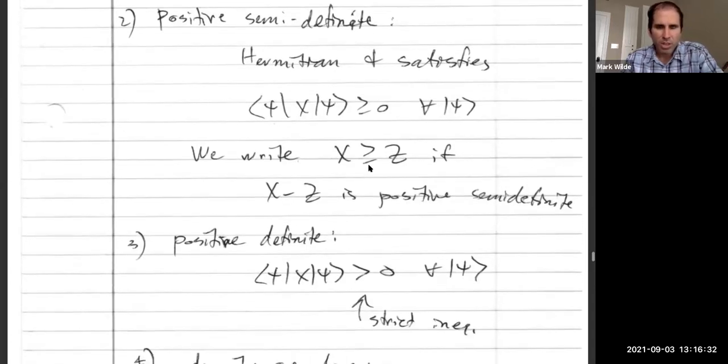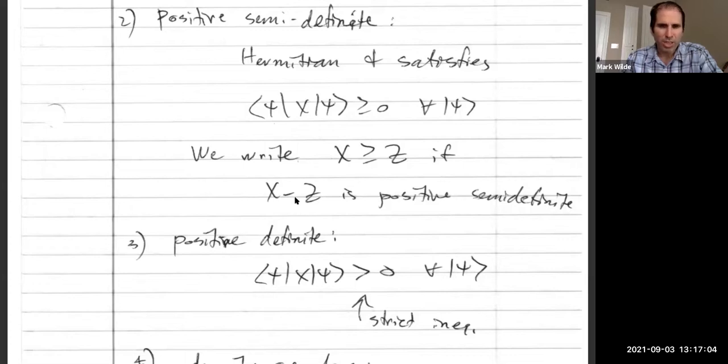Okay. There's a notation that we will use throughout the course. This is an operator inequality, and whenever you see this, you should replace this in your mind with this statement: X is greater than Z in the operator interval order if I take X minus Z and I get a positive semi-definite matrix.